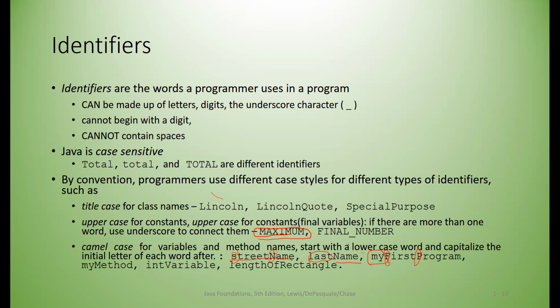So that is the method name and the variable name. We are not talking about variables yet here, but we will do that in chapter 2. But here I'm just telling you the rules for identifiers. Okay.